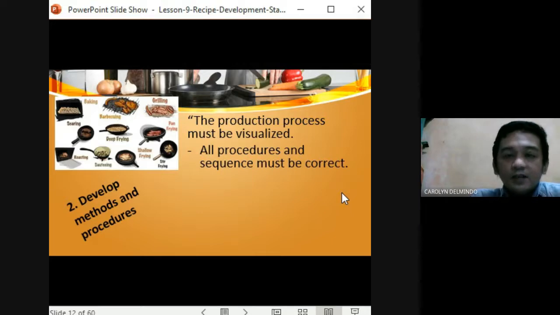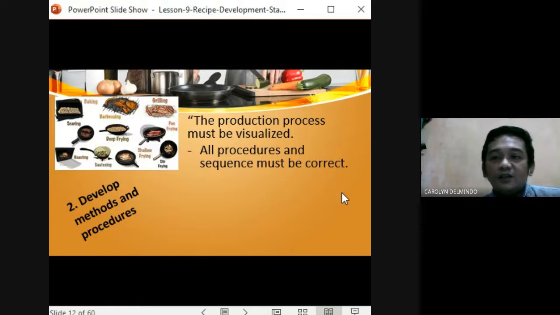Meron po ba dito na naka-experience ng sinunod mo naman lahat ng procedures, pero hindi ganun yung nangyari? Example sa baking, sinunod mo naman lahat ng procedures, pero hindi naman siya naging ganun na ina-expect mo.